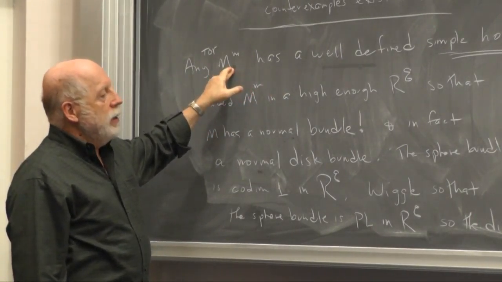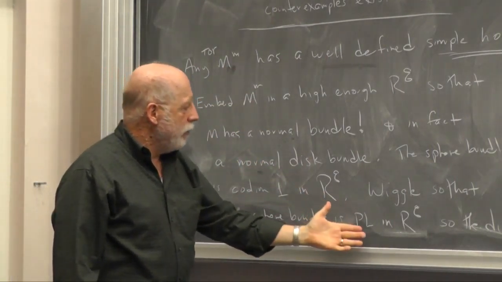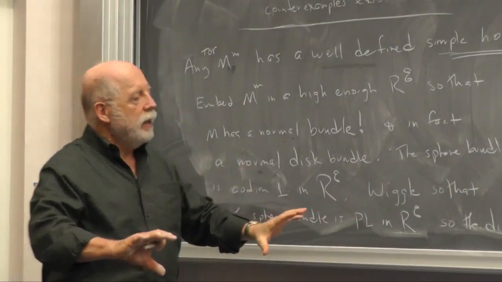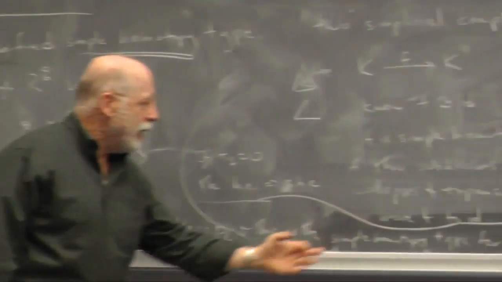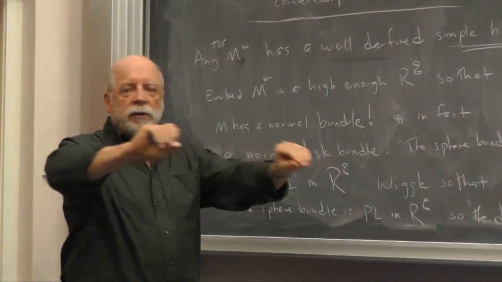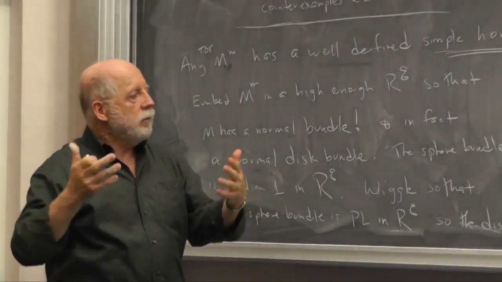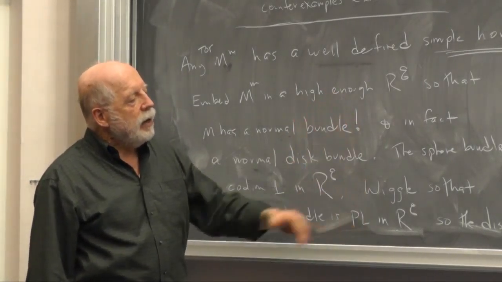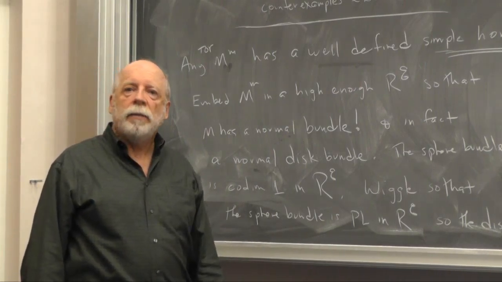Then the PL embedding would already have a PL normal bundle after you stabilize. That PL normal disk bundle would be, by definition, the simple homotopy type. But when you have a PL disk bundle, it just collapses down to the zero section, so it's the same thing. This is how you get a well-defined simple homotopy type for all topological manifolds.